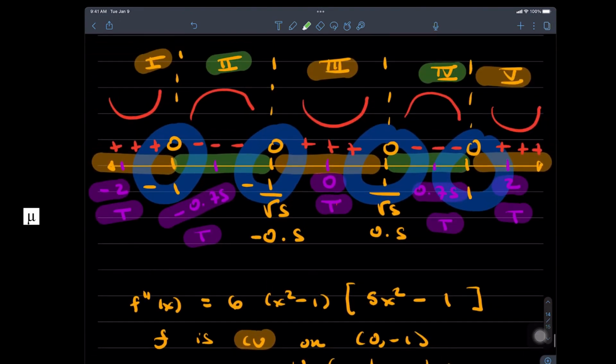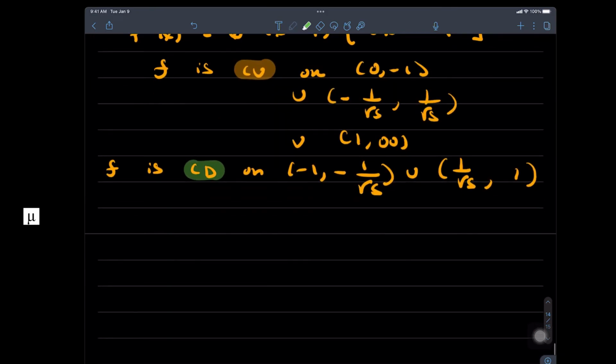Okay, you're just describing the second derivative, positive and negative, and then you have all these inflection points, right? So I'll say inflection points. Negative 1, f of negative 1.